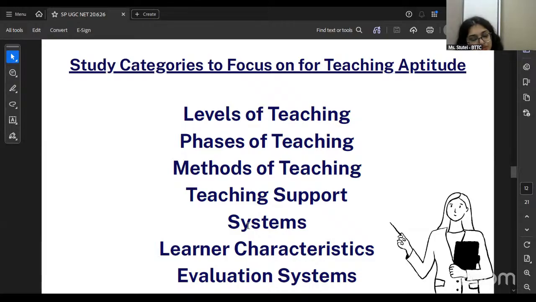Once you understand the purpose of each evaluation, what is the point of formative evaluation, what is the point of summative evaluation, and when to use these, you will be able to solve these questions in a very easy manner. So, yeah, that is about these different categories.